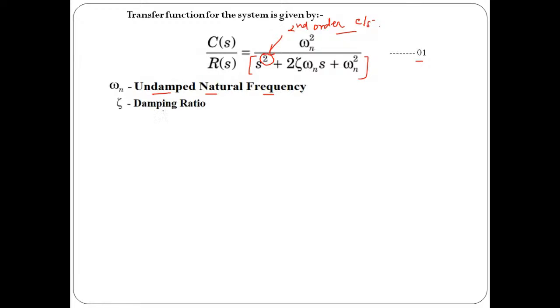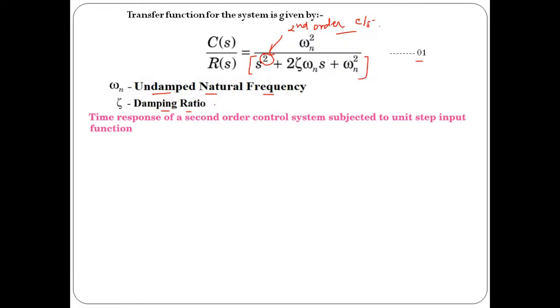Now these two terms are very much important to define the behavior of system. First one is omega n, undamped natural frequency, and second one is zeta, it is called as damping ratio. That is important.